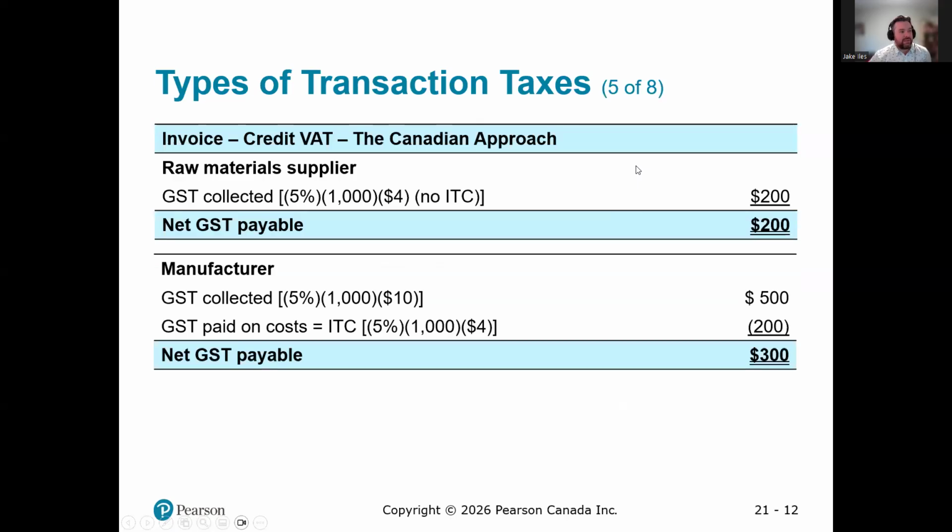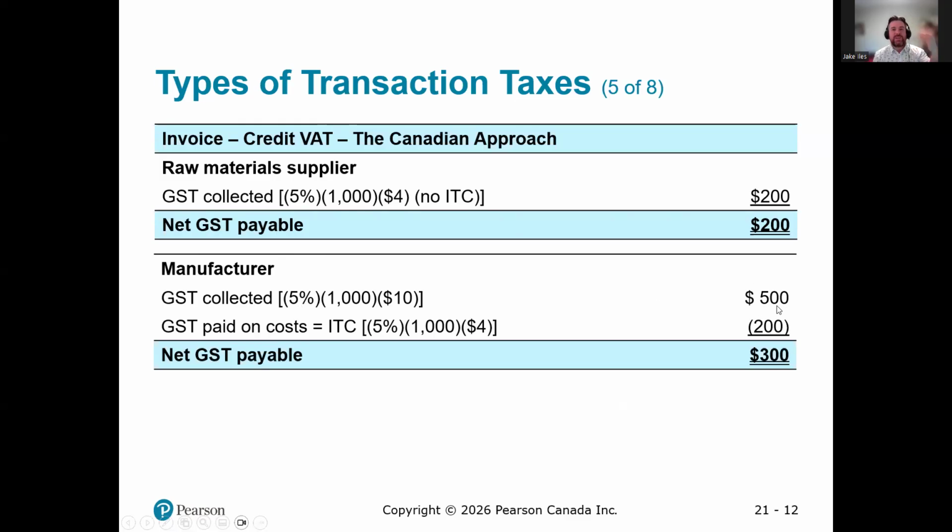Now, this is somewhat different from the Canadian approach. The Canadian approach looks at invoice credit. So the raw material supplier sells to the manufacturer 1,000 units at $4, so 5%, $200, is collected. The manufacturer sells 1,000 units at $10, so the full GST collected, 5%, is $500.